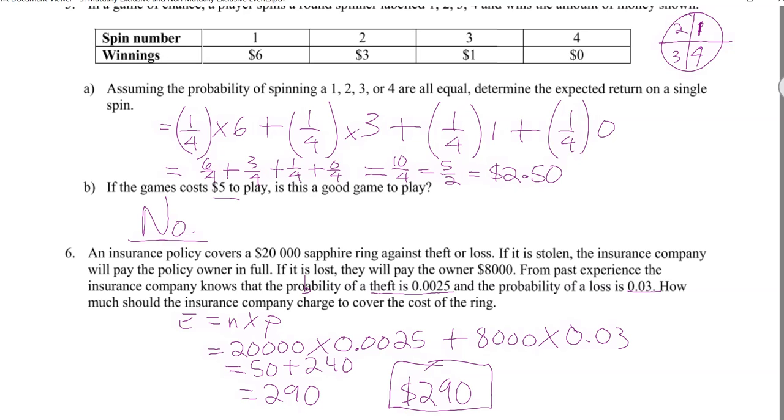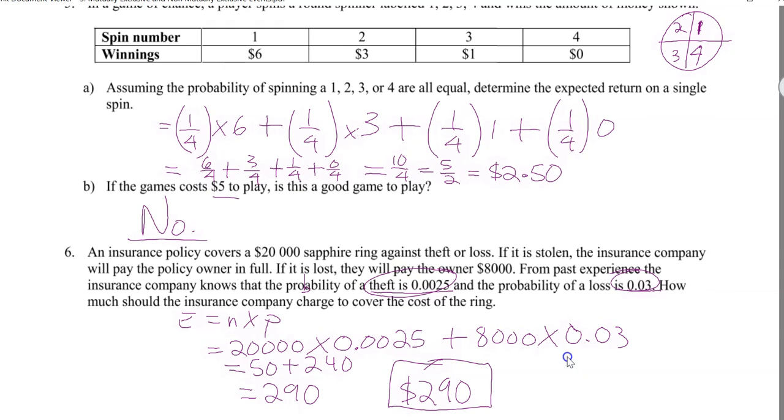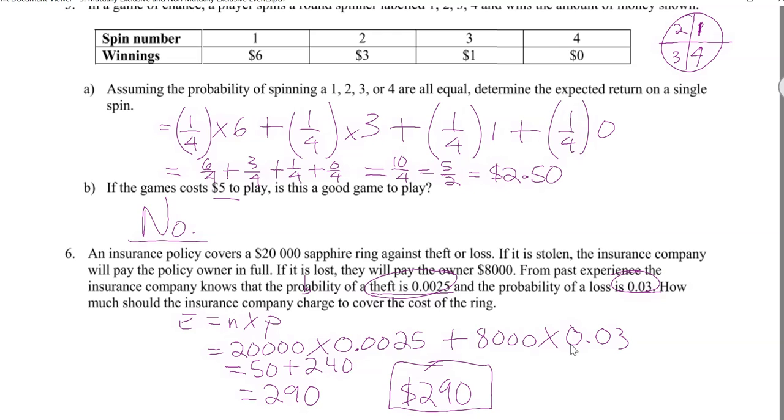So they would likely charge a higher premium, but if they wanted to cover costs, the premium they would charge is $290. So for every ring, they could expect over the long run, over very many rings with these probabilities, to pay out $290. And we're done.